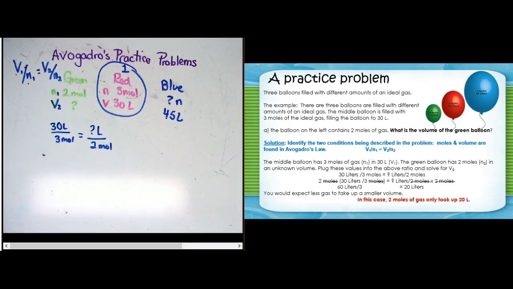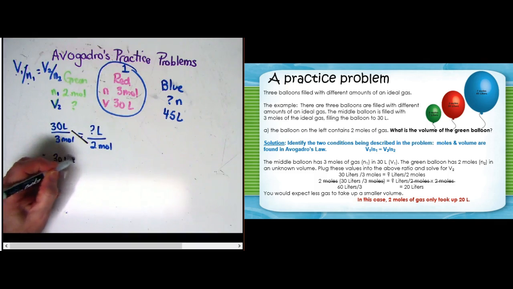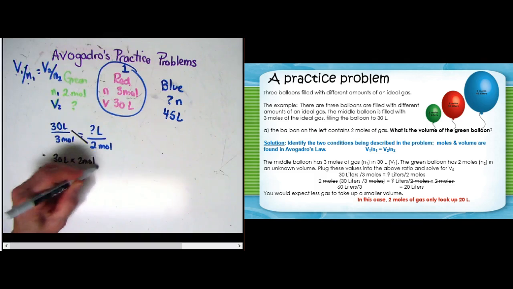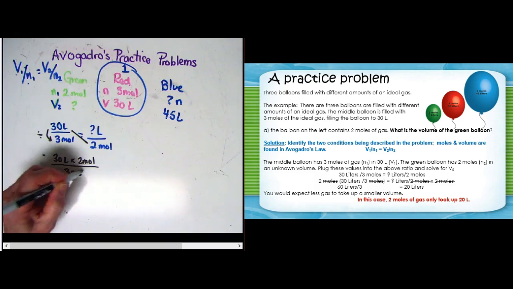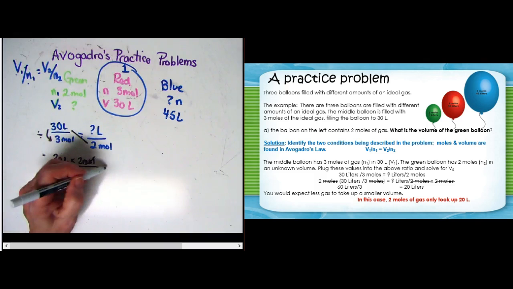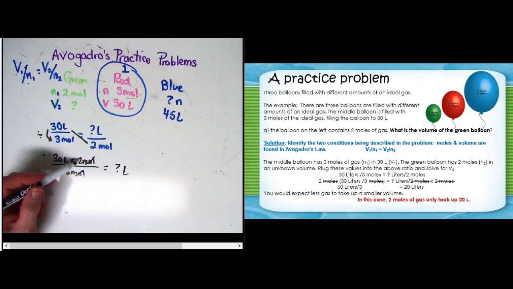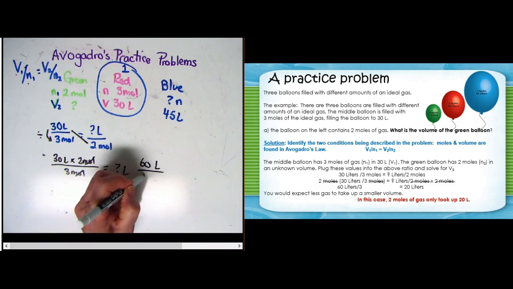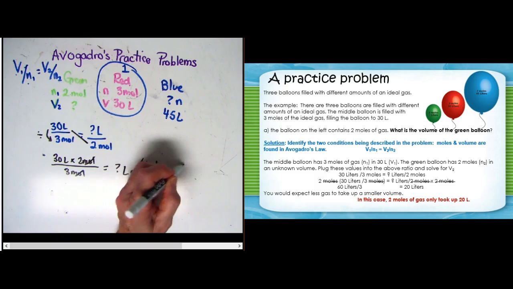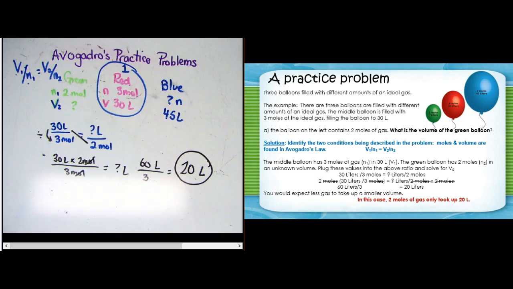I cross multiply. I'm going to multiply 30 liters by 2 moles. I'm then going to divide by 3 moles. Why? My moles cancel, and I'm going to have the number of liters over here. So I have 30 times 2 divided by 3, which means I have 60 liters divided by 3, which means my answer is going to be 20 liters.